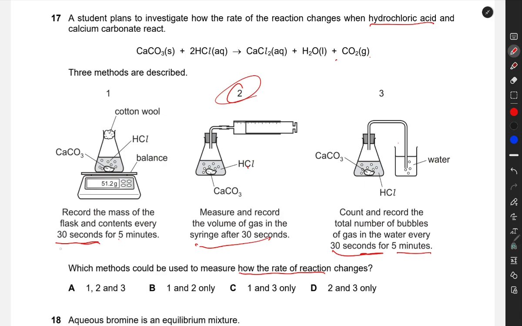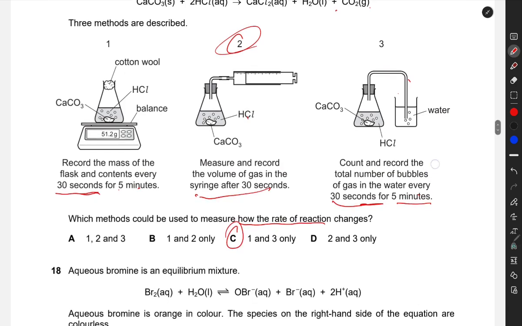This flask and contents every 30 seconds for 5 minutes, and gas in water every 30 seconds for 5 minutes. So these two methods explain how the rate of reaction changes. So 1 and 3 are correct. C is the correct option.